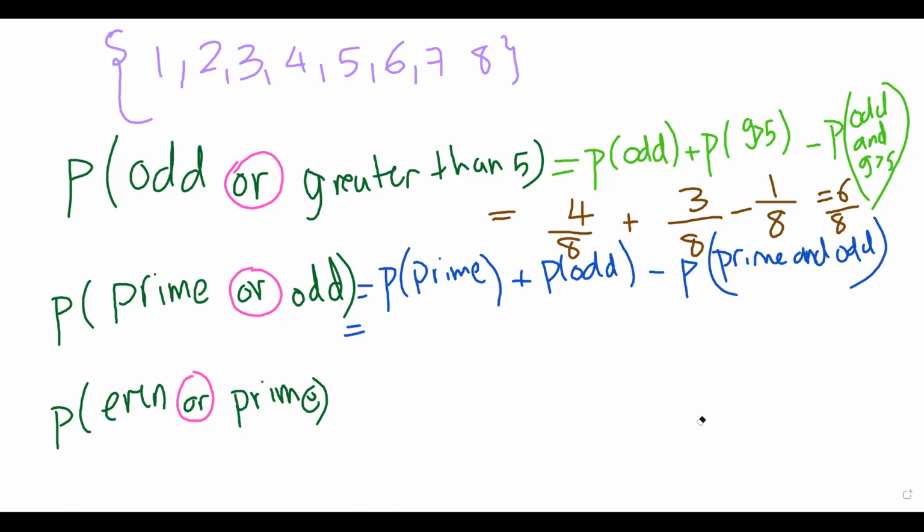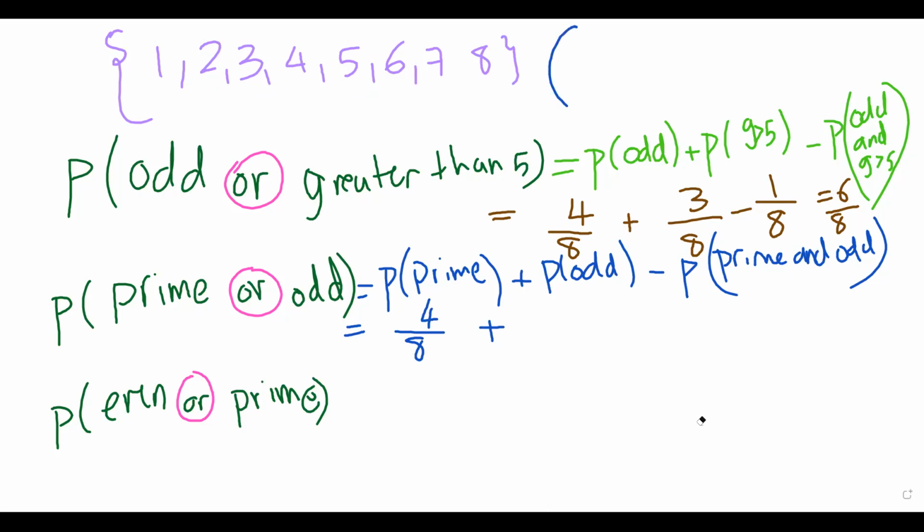The first case now, the probability that the numbers are prime. 1 is not prime. We have 2, 3, 5, and 7. These are now the prime numbers. So we have 4 numbers over 8. Now plus, how many numbers are odd?